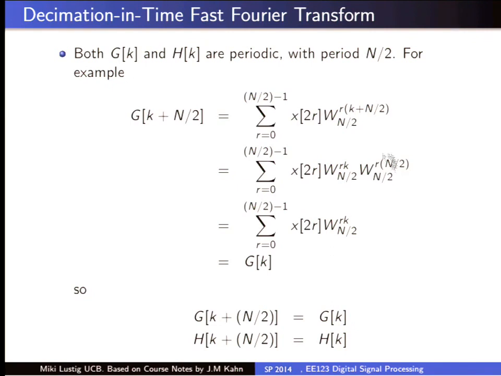But what is this? Unity, right? This is unity. Basically, you just went over a full circle. So this is unity, so ignore it. You get this, and then you end up with that. So they're periodic with a period of n over 2.